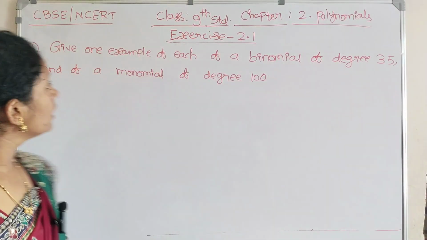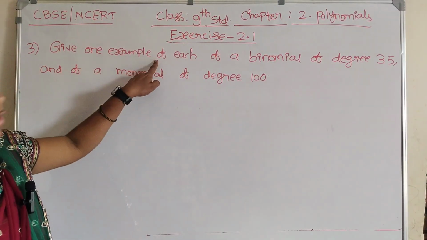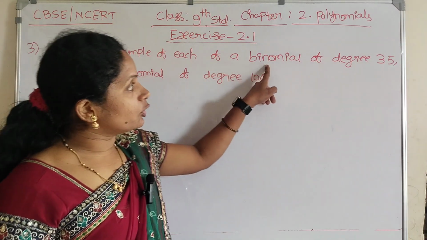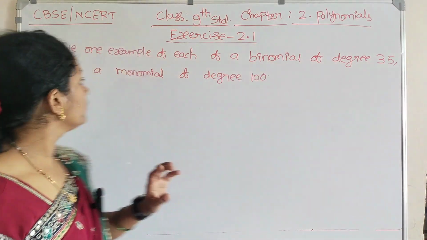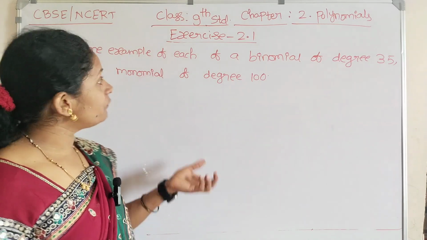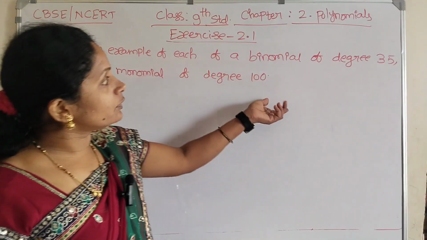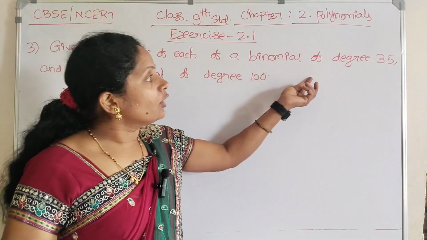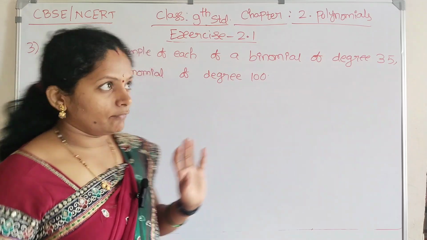Question number 3 is, give one example of each of a binomial of degree 35 and of a monomial of degree 100. In the first, we have to write the binomial of degree 35.